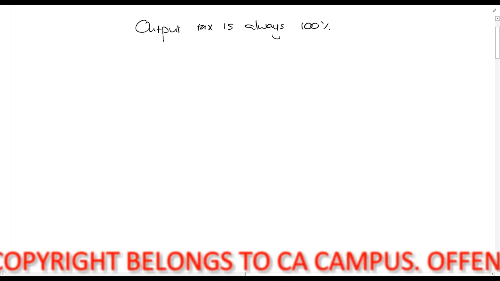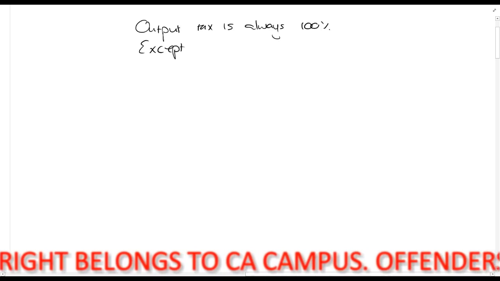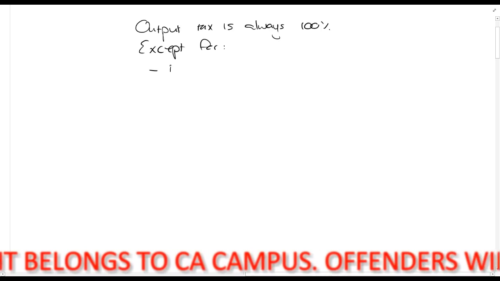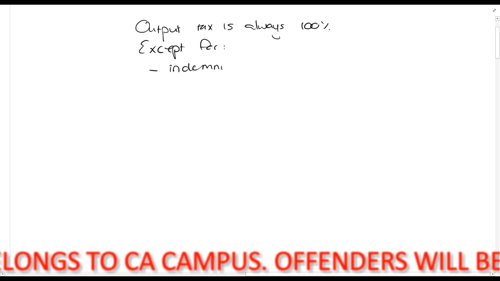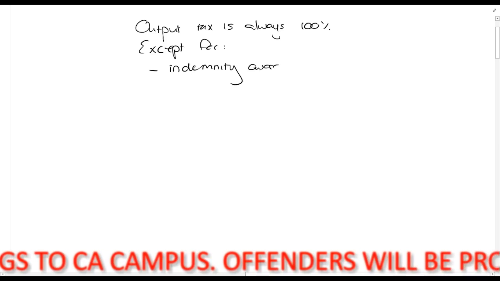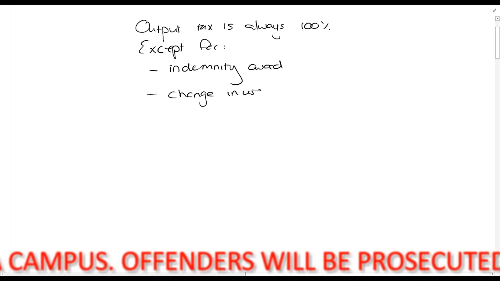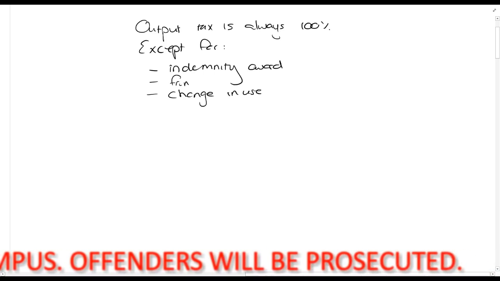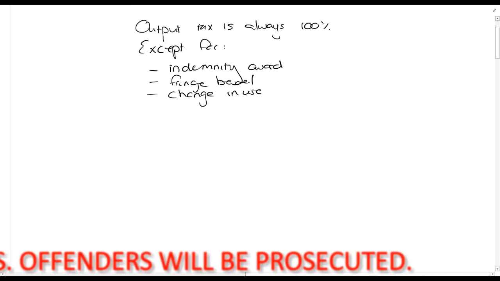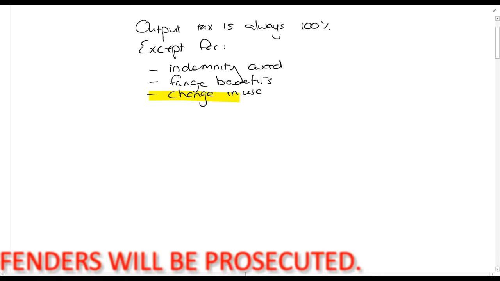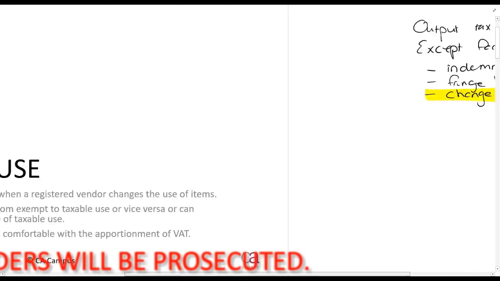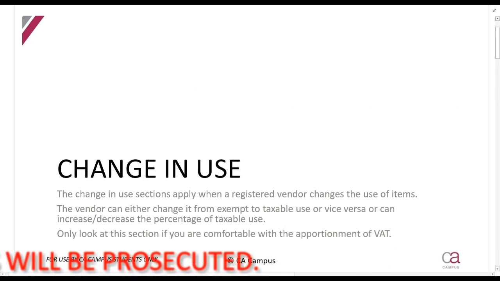And that is where I write: output tax is always 100%, except for indemnity awards, change in use, and fringe benefits. Right, so change in use is what we're going to be looking at now. So what is a change in use? Let's understand first the idea behind it.